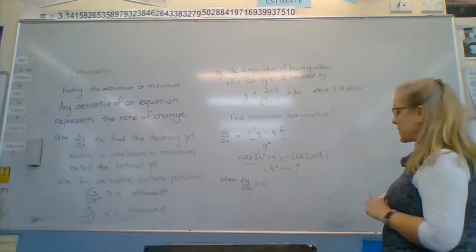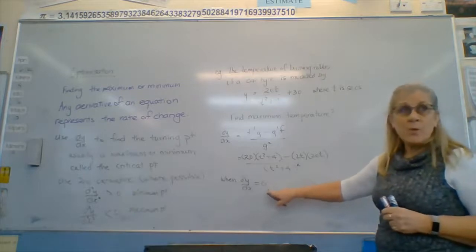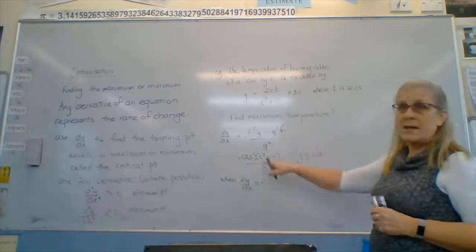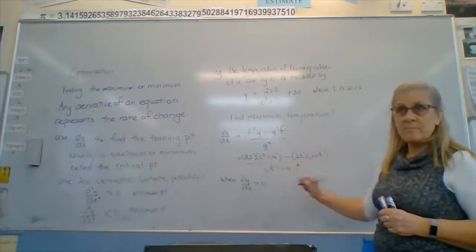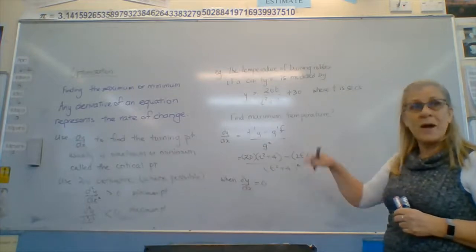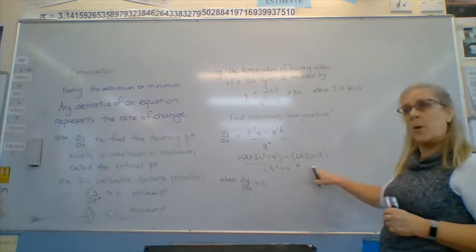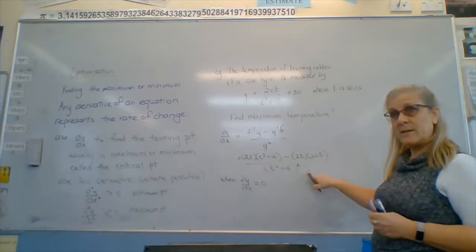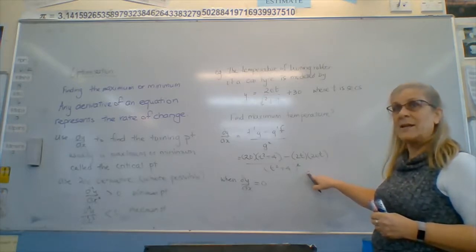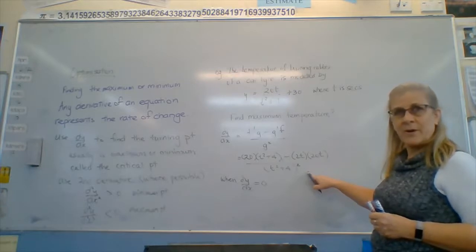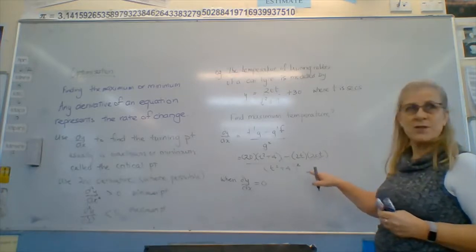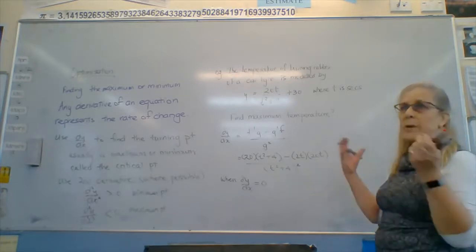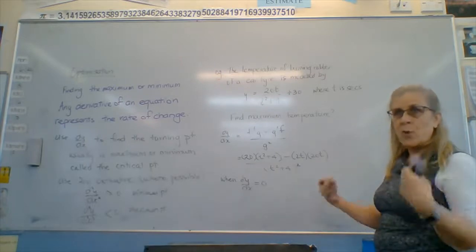So this is often what they will do. They'll end up with a fraction, and they're testing to see if you know which part of the fraction. So if there's 0 on the bottom, what have we got as an answer? Undefined. There's no such thing as dividing by 0.